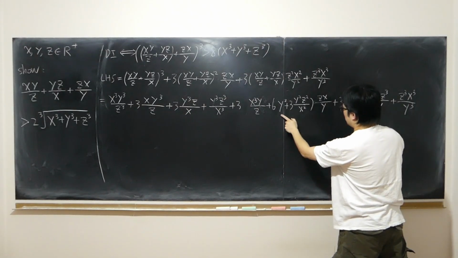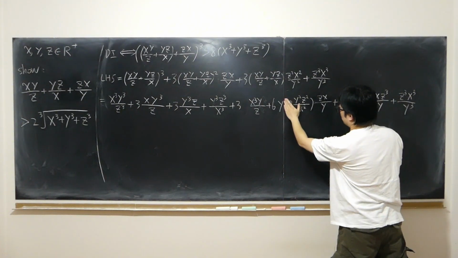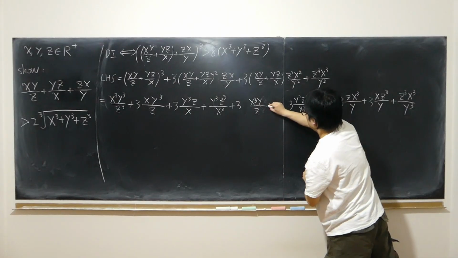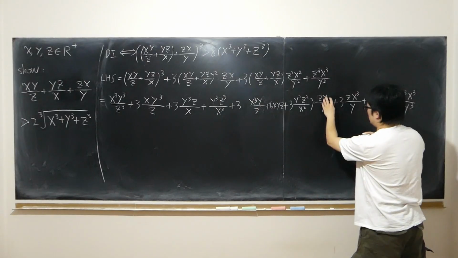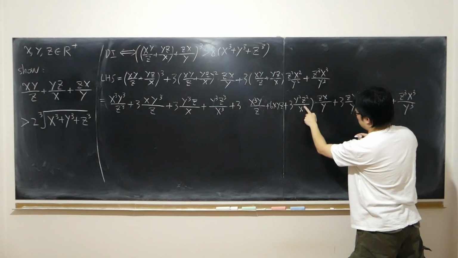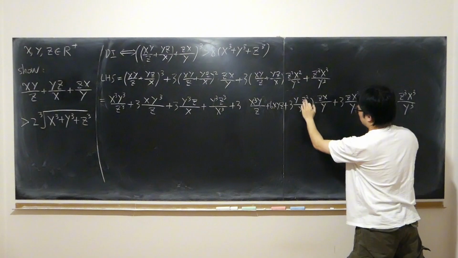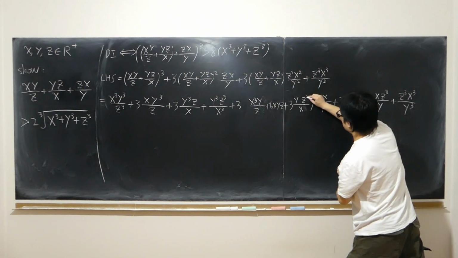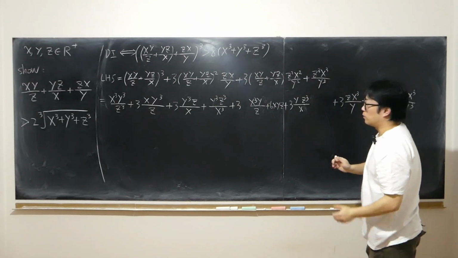Distribute this to here: 6xyz, 6xyz. Distribute this to this term: x, y, z cubed. So this is gone. That's what we have in here.